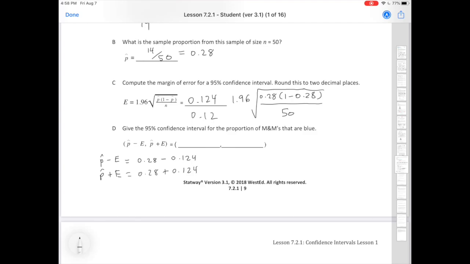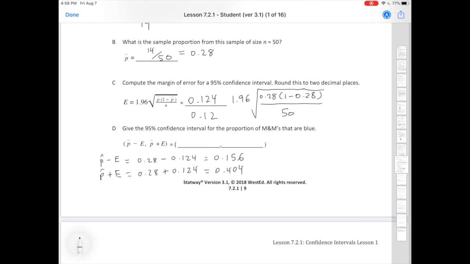And then this one's going to be 0.28 plus 0.124. So I'm going to go ahead and do that in my calculator. So 0.28 minus 0.124 is 0.156.